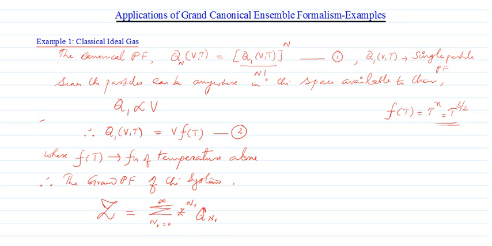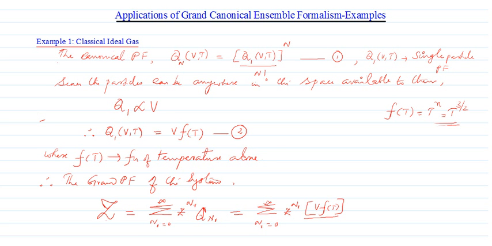Okay, which we can substitute, that's equal to the sum over N_r running from 0 to infinity, then z raised to N_r, the fugacity raised to N_r, into, can we substitute for Q_{N_r} from equation number 1 using equation number 2, that is, I can write Q1(V, T), I will substitute for Q1(V, T), I will use a square bracket, that is V into f of T, that is Q1(V, T) by equation number 2, V into f of T divided by, not by equation number 1, I should divide by N factorial, but here instead of N we have taken N_r.